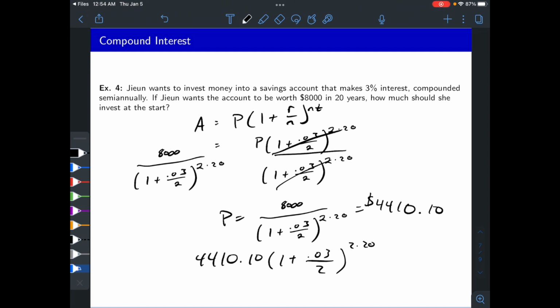I'm going to type this into my calculator one more time just to be sure. 4410.10 times 1 plus 0.03 over 2, to the 40. And I'm getting about $8,000 and 0.00258 cents. So pretty close to $8,000. There was a little bit of rounding error when we rounded to the nearest cent, so that makes sense. So yeah, this would be our answer.